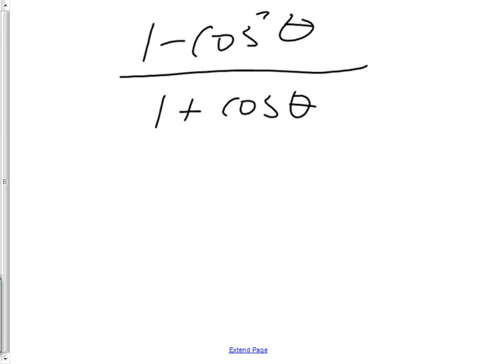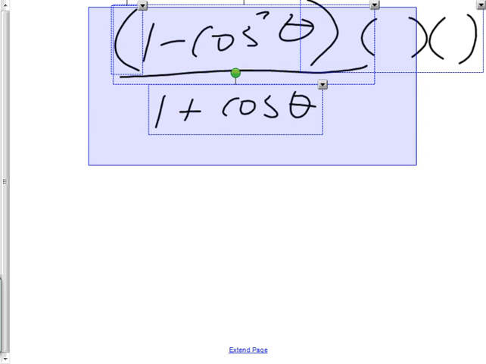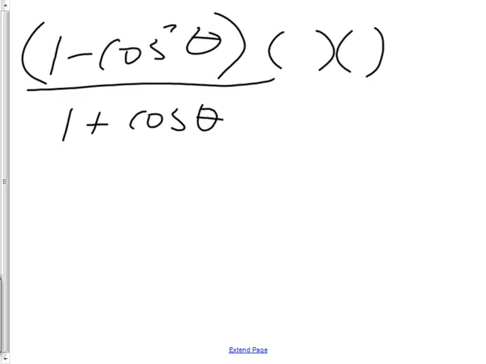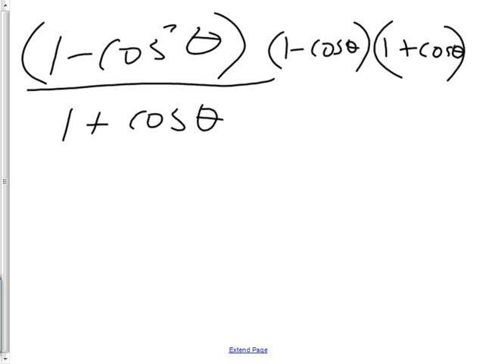Nope. Factor it. Even though it's written backwards, you can factor that. Okay, what does it factor to? It factors to 1 minus cosine and 1 plus cosine.